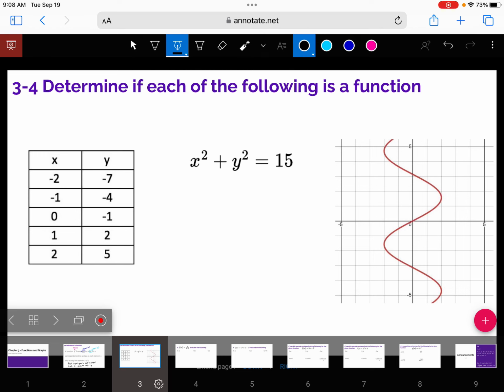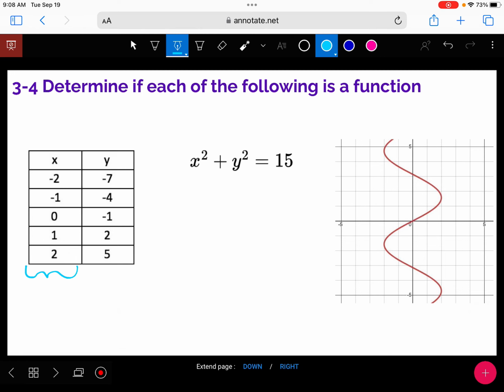Does each x go to only one y? Mainly what that is are there any repeats in the x's? So on this table here, do I have any repeats in my x's? No. Each x goes to only one y.